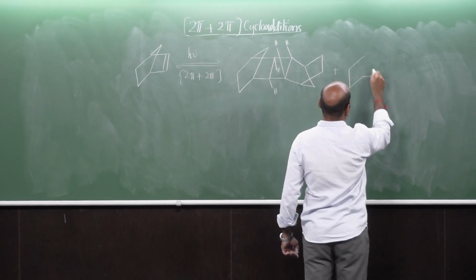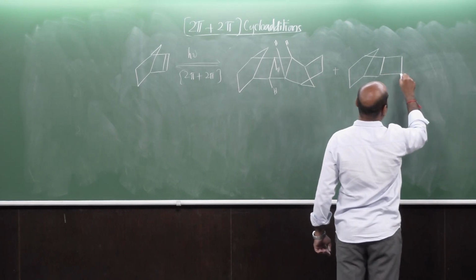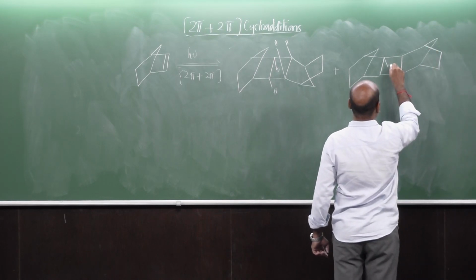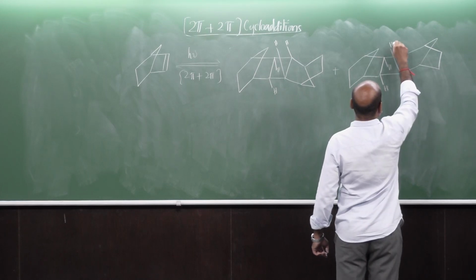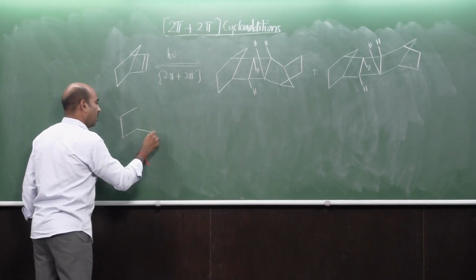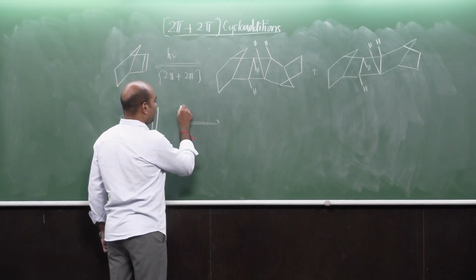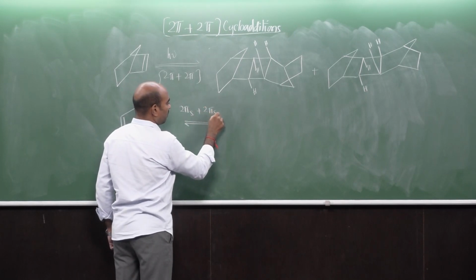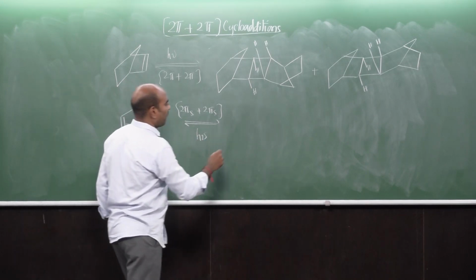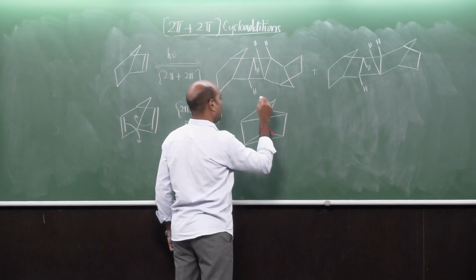Plus, whereas norbornadiene again undergoes 2π supra plus 2π supra cycloaddition under photochemical conditions, where you will get to see this molecule.